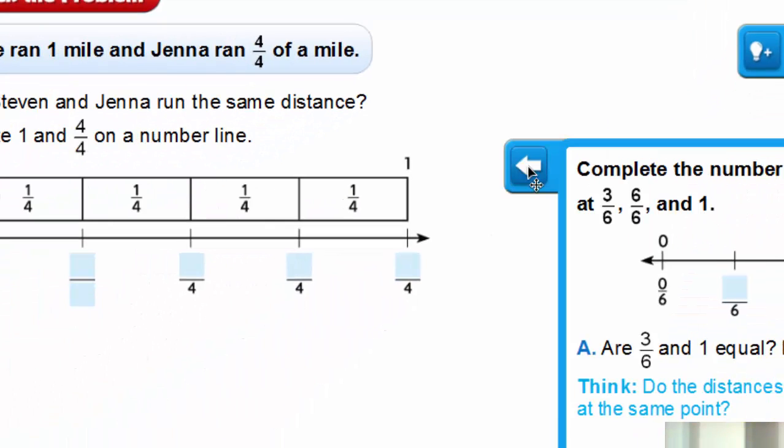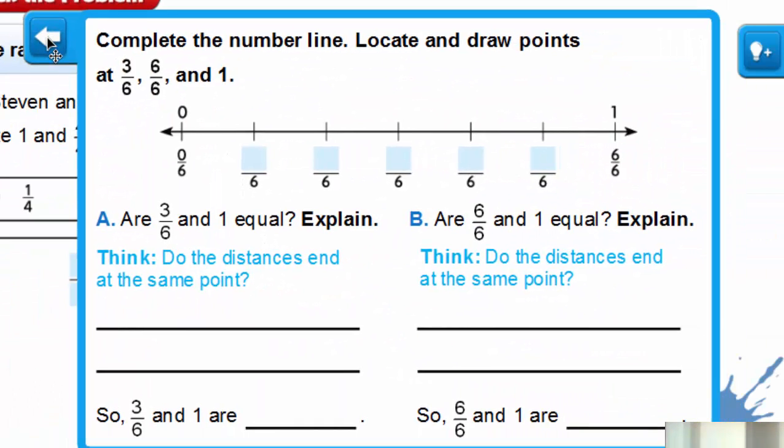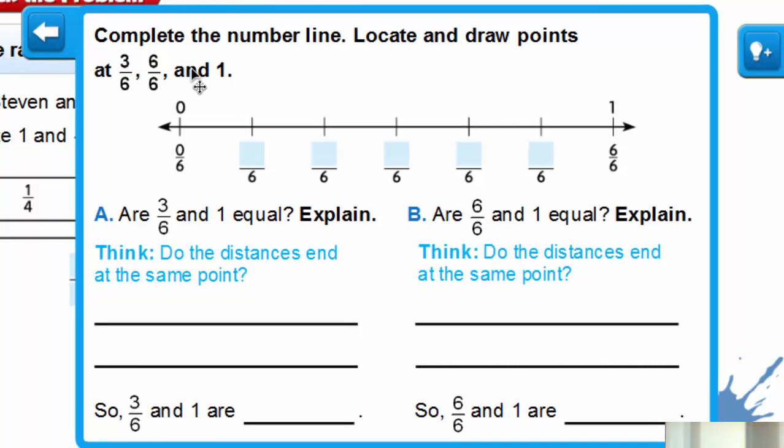Let's look at another problem. Complete the number line and then locate and draw points at 3/6, 6/6, and 1 whole. So the first thing we need to do when we look at our number line, how many equal parts are there? We have to count the spaces, not the lines.